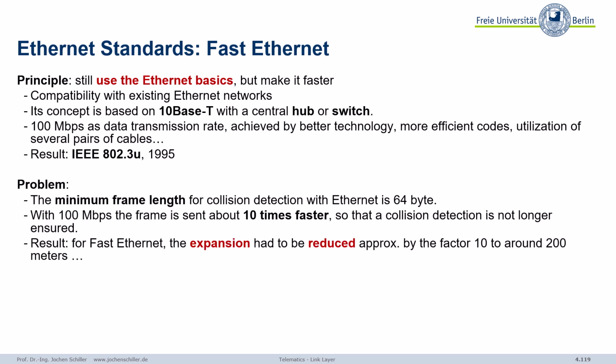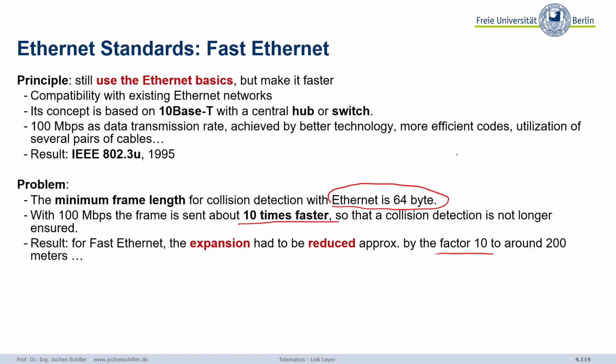But the problem now is, okay, what about the frame length? Because we know for the classical Ethernet we had this 64 byte minimum, but now we are 10 times faster. And one way of handling this was, okay, we reduce the maximum distance by a factor of 10.